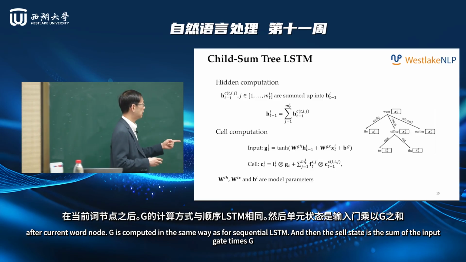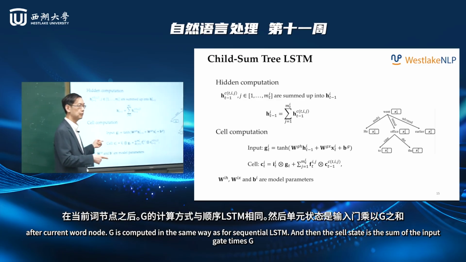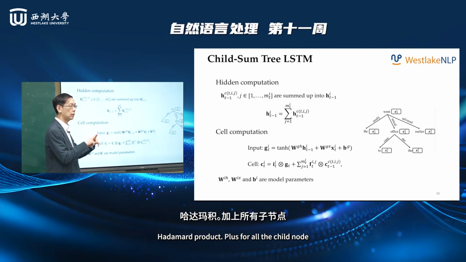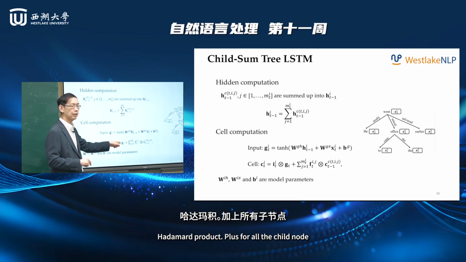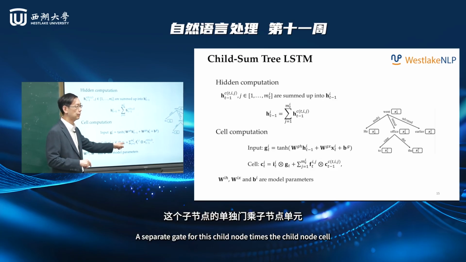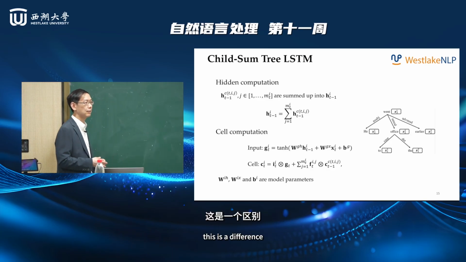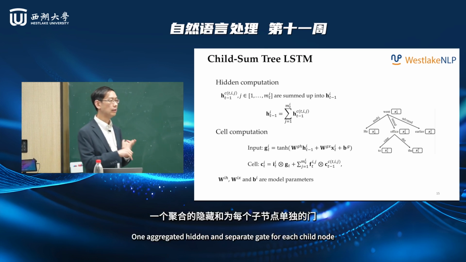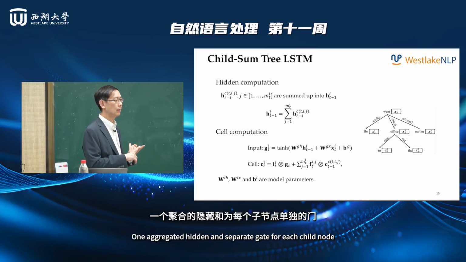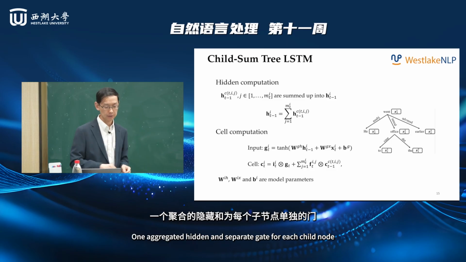And then the cell state is the sum of the input gate times G, Hadamard product, right, plus, for all the child nodes, a separate gate for this child node times the child node cell. All right? So this is the difference: one aggregated hidden and a separate gate for each child node.